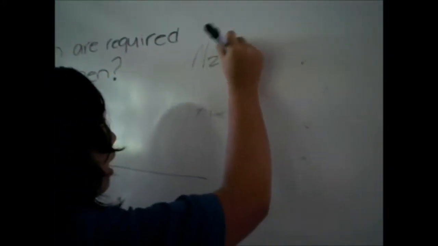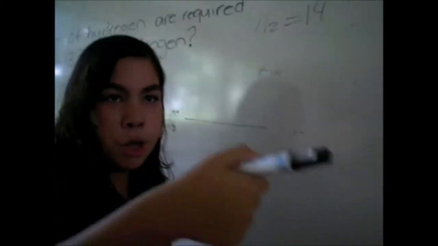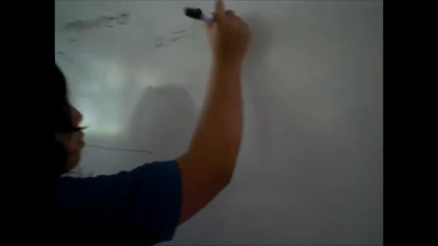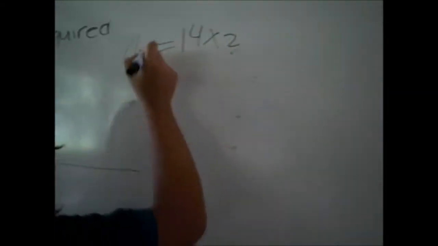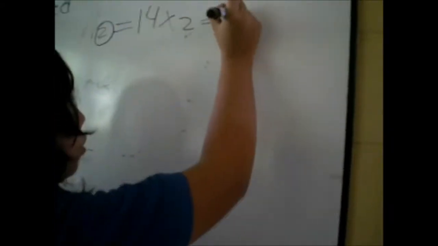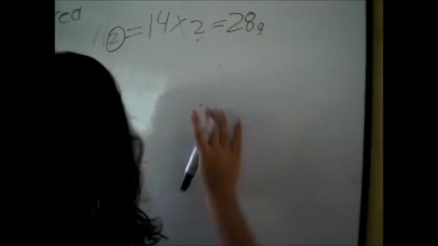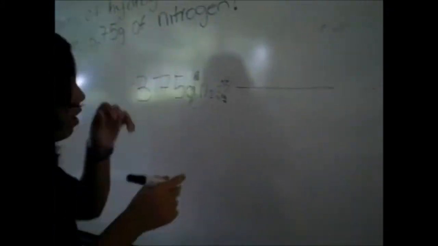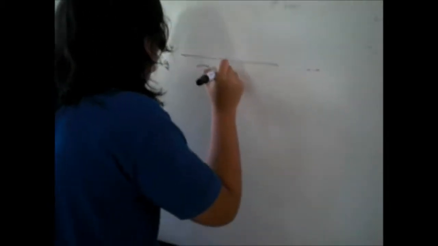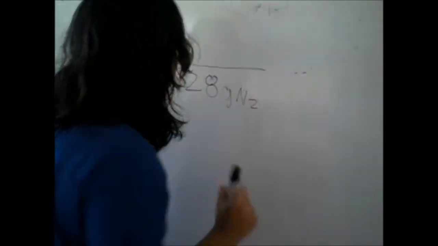We put N2 equal to 14, that is the number that they are giving you in the periodic table, times 2 because of these two that are giving you right there in the formula, right? So if you multiply these, it's going to give you 28 grams. Okay, amu. And then you put right here the 28 grams of N2.